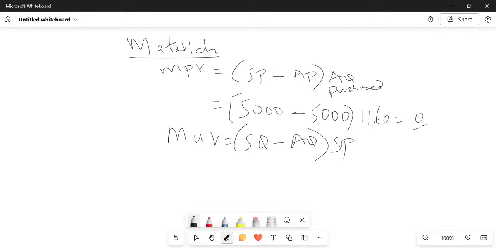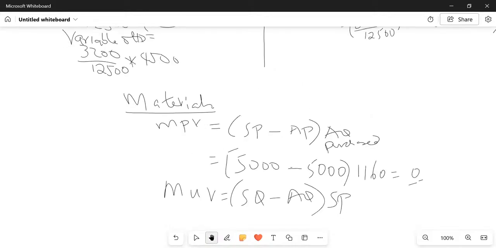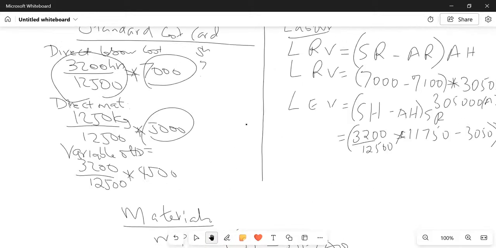The sister has written the formula there. It will take standard quantity per unit times actual production. So standard quantity, we already have this.